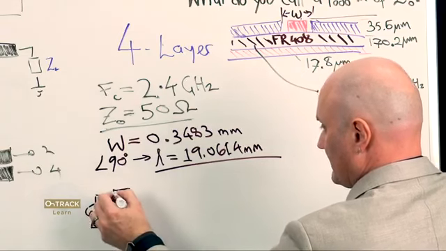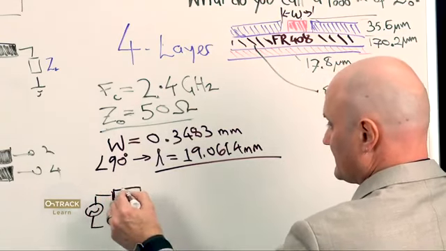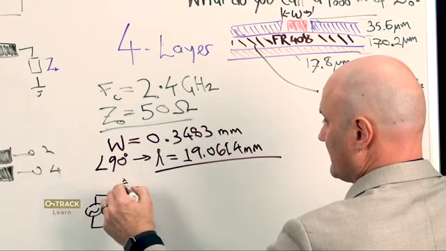We have our input, and then I'm going to have some transmission line segment that's going to be a quarter wavelength long.